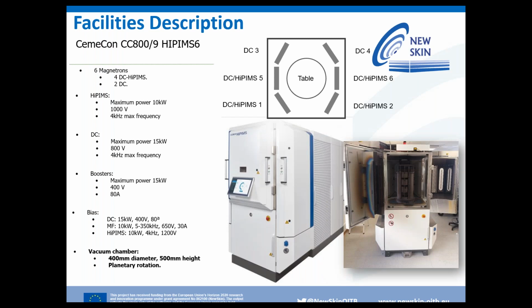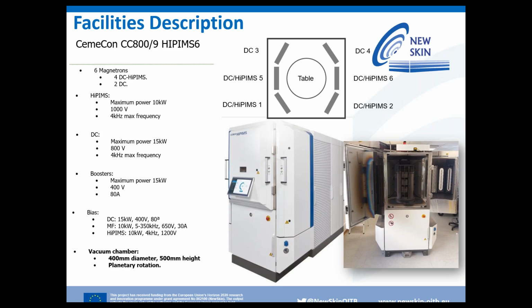Our magnetron sputtering system is a Themecon HiPIMS unit with 6 magnetrons. 4 of them can work in DC or HiPIMS mode, and the rest only in DC mode. The main modification we have done in the NewSkin project in order to upscale this unit is in the deposition chamber.